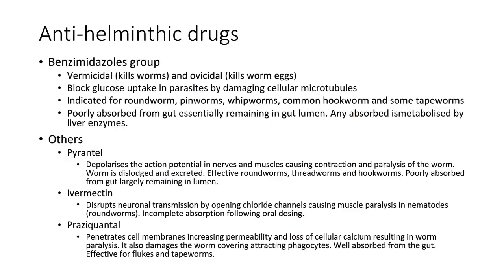Ivermectin does a similar thing with chloride channels, causing muscle paralysis, and praziquantel causes cell membranes to increase their permeability so that the cell loses intracellular calcium, again resulting in paralysis.